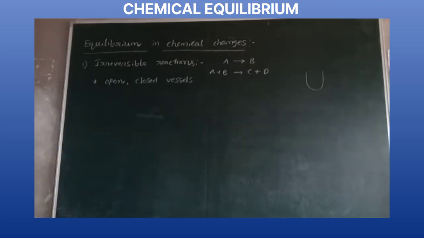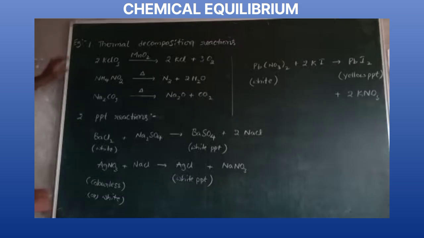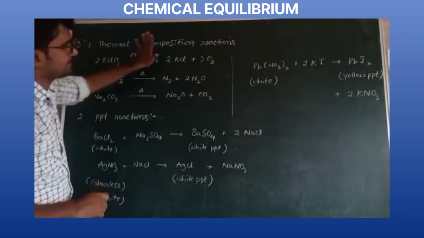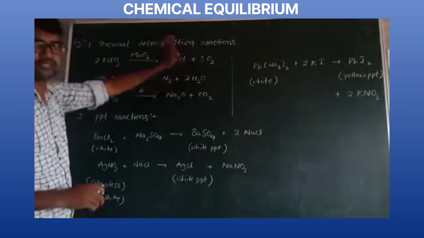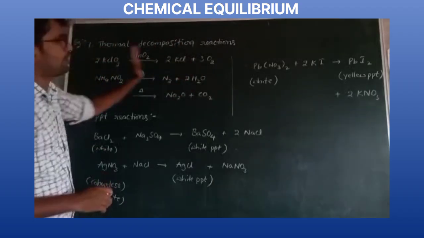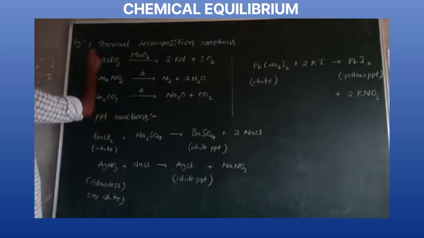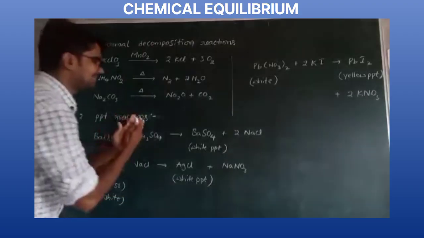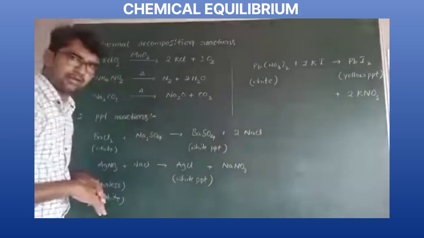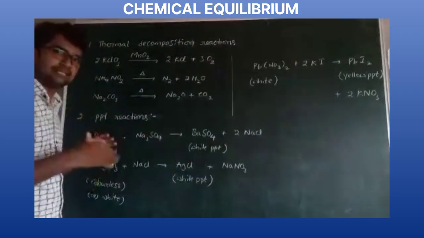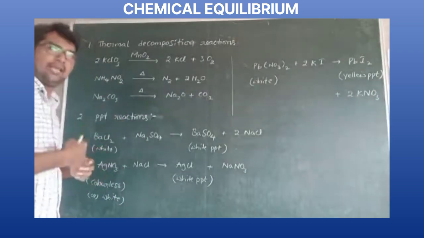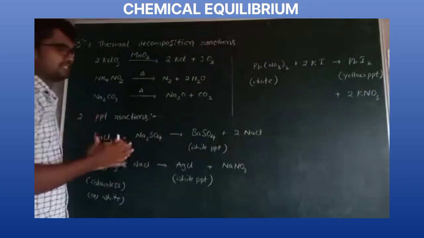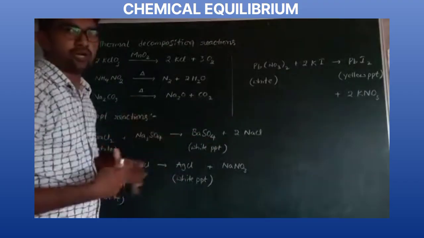Now, the best examples and explanation. Irreversible reactions mean reactant is converted into product, and there is no chance for the product to convert back to reactants. Only the forward reaction takes place. First example, thermal decomposition reactions. Decompose means divide, and thermal means heat. If you heat that substance, it is decomposed into two or more compounds.